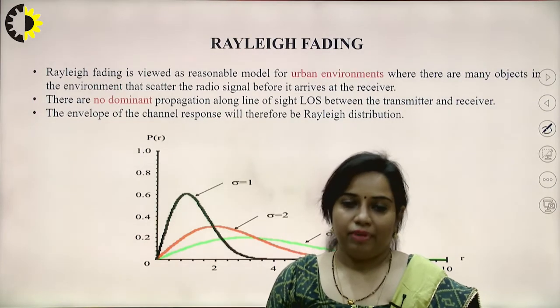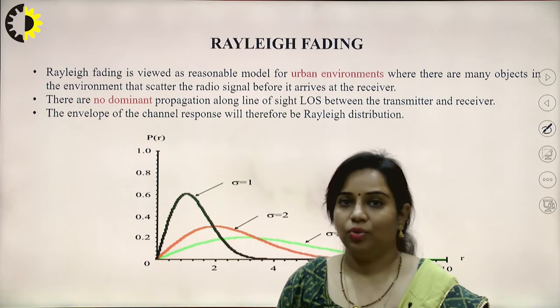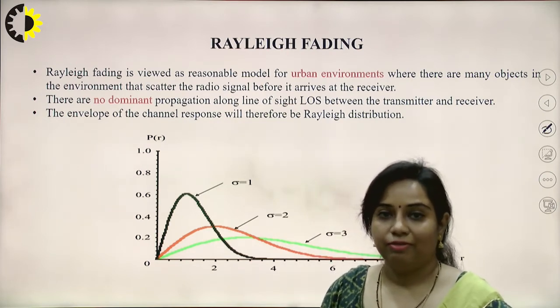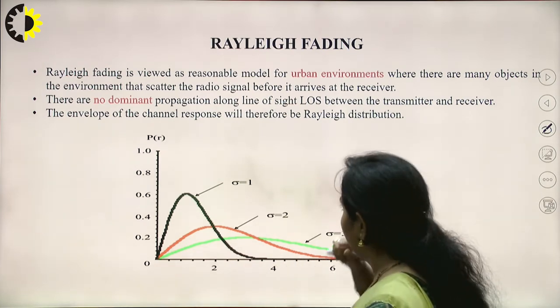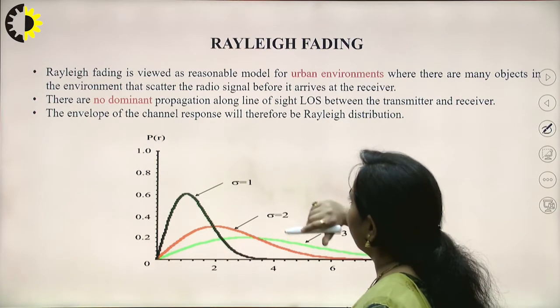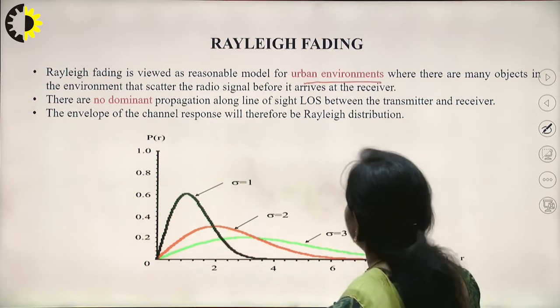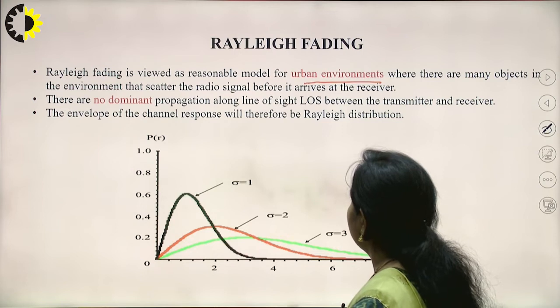Next is Rayleigh fading. Since we have seen the equation for the Rayleigh distribution, we have to see how, for different values of sigma, the curve of that particular distribution will look. Rayleigh fading is viewed as a reasonable model for urban environments where there are many objects in the environment that scatter the radio signal before it arrives at the receiver.